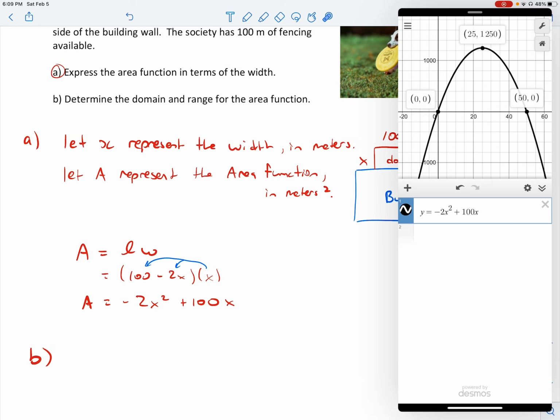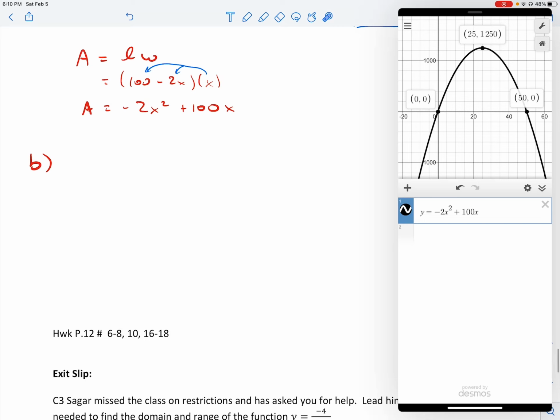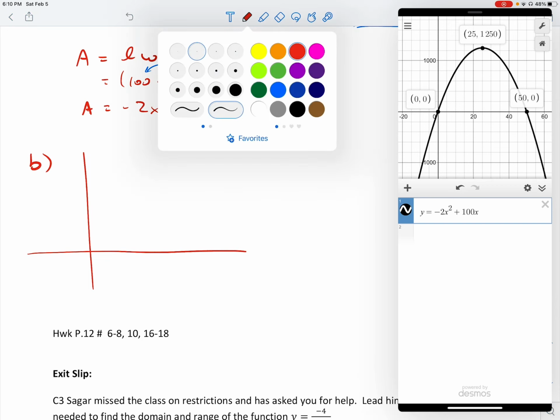So I'm already getting a feel for the domain and range for this. I know in order to fit the context of this question, we need to restrict the domain so that we only have positive values for the area. And also the area has a limit too, right? That area doesn't just go up to infinity, but has a max value of 1250. I'm going to copy these out onto our handout, and then we'll use it to determine the domain and range. So this is just a quick sketch of what's happening here.